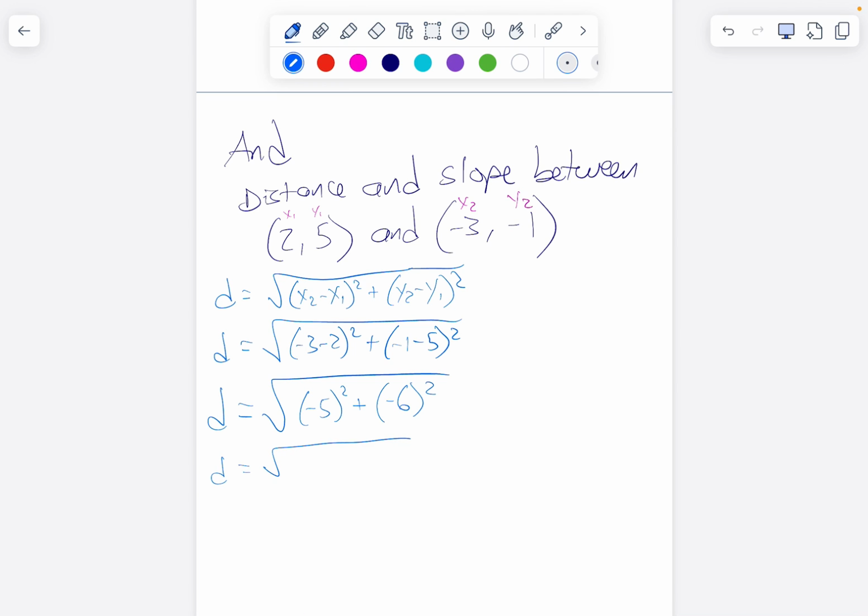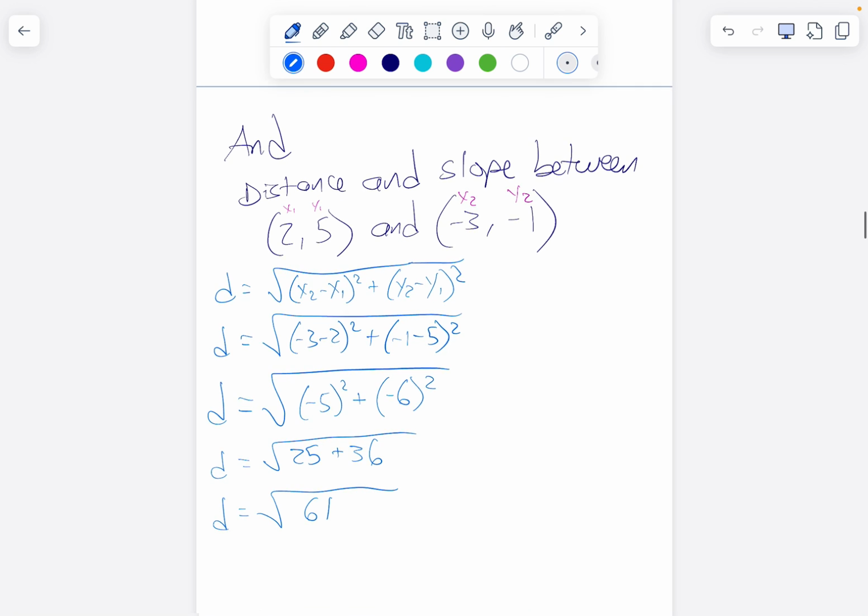What is negative 5 squared? But if you plug that into your calculator without the parentheses, it will say negative 25. That's why it's good to know things and not always depend on technology. What's negative 6 squared? It's 36. No negatives right there. And then what is this when we add them together?